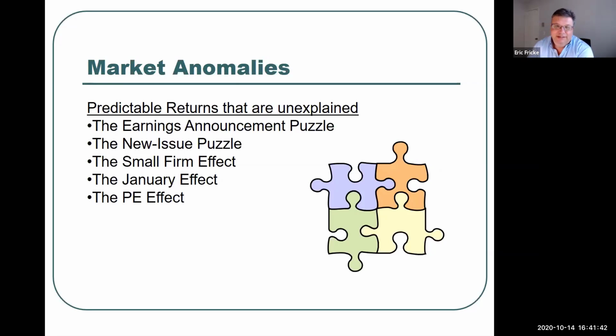On the PE effect, this is the price to earnings ratio. We find that on average, over a long period of time, if you play the averages, low PE stocks have higher returns than high PE stocks. Now, this does not hold for the last, I would say, 5 to 10 years.